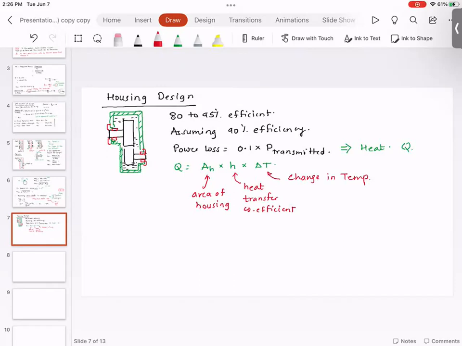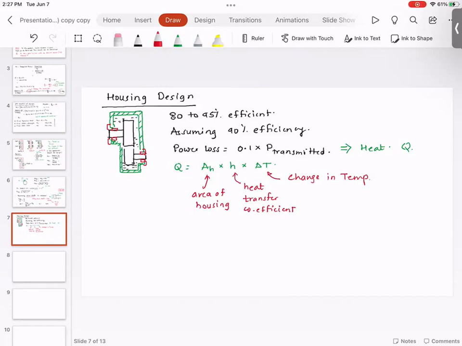And many a times with free convection, the housing heats up, and the air that is surrounding the housing would dissipate the heat. So many a times free convection is sufficient.